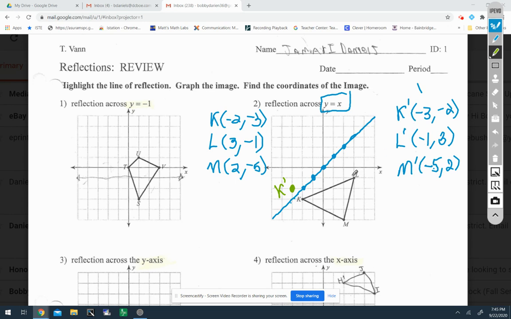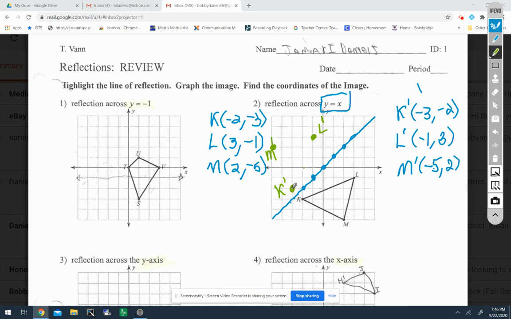Now L prime is over -1 and up 1, 2, 3, positive 3 right there. And then M prime is over 1, 2, 3, 4, 5, and then up 1, 2. So now we have our new M, our new K, and our new L, which I'm calling prime just so that we know the difference between the two.